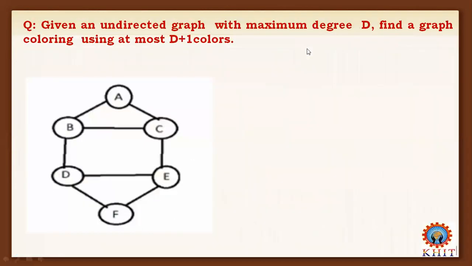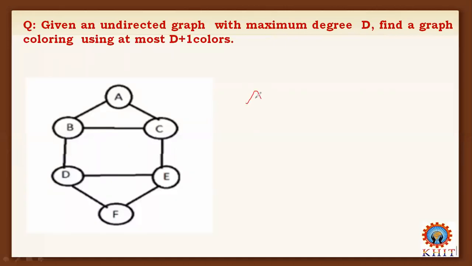Now let me explain how to solve the given problem. Consider this is the problem. In the given problem, the graph is an undirected graph, and we need to color all the vertices with colors.